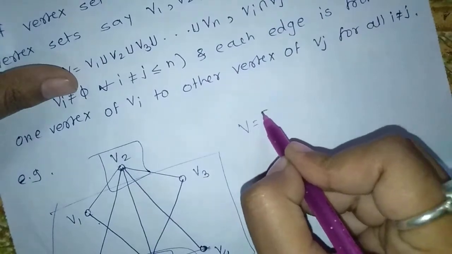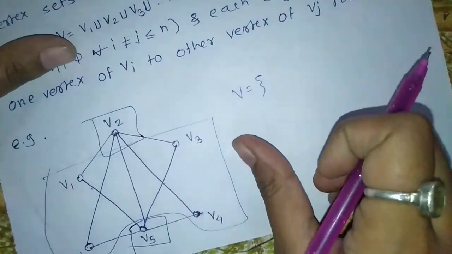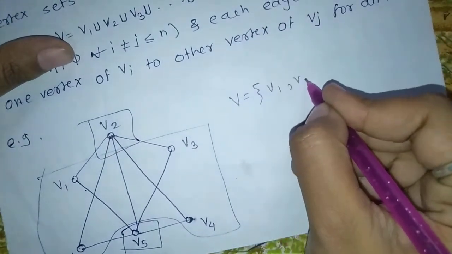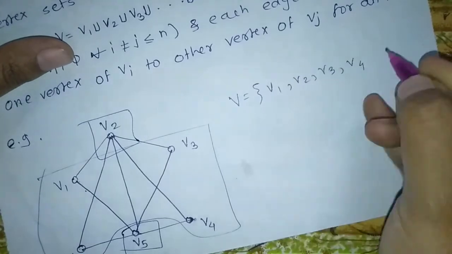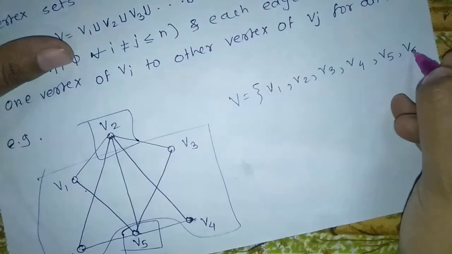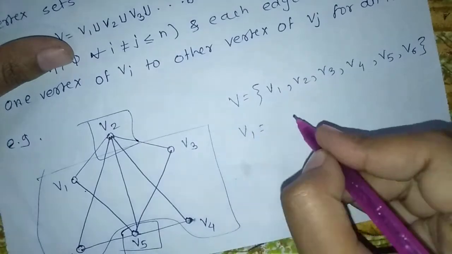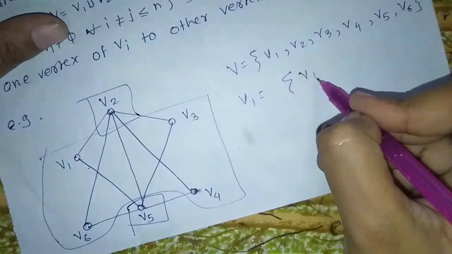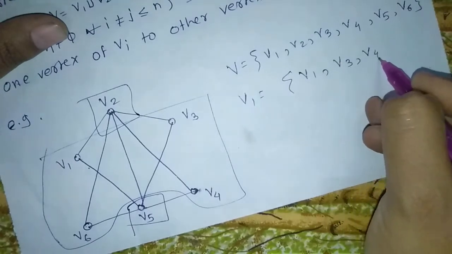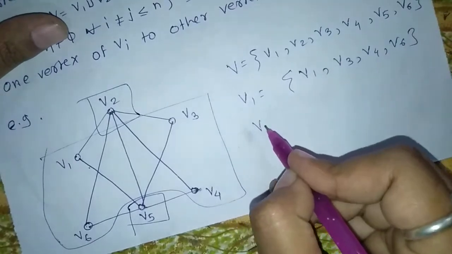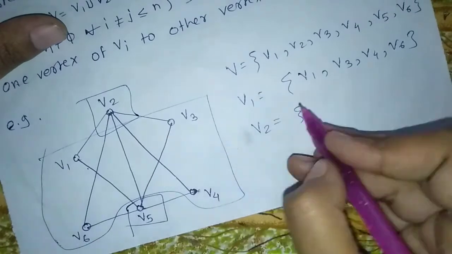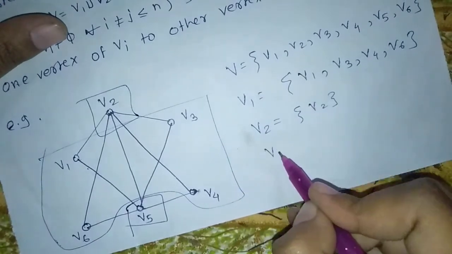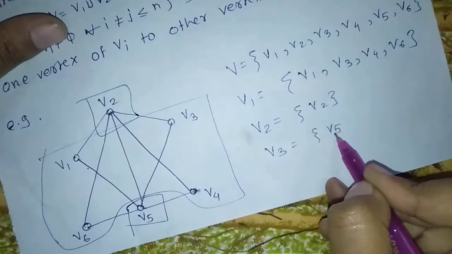Take capital V equal to the whole vertex set v1, v2, v3, v4, v5, v6. And capital V1 is equal to v1, v3, v4, v6. Capital V2 is equal to only the singleton v2 and capital V3 is equal to the singleton v5.